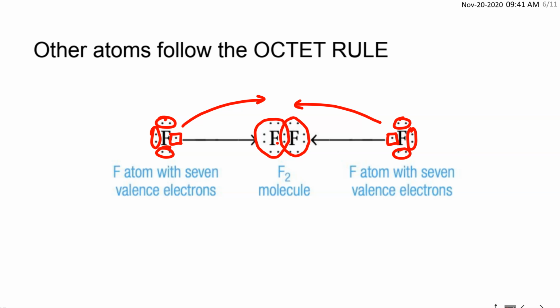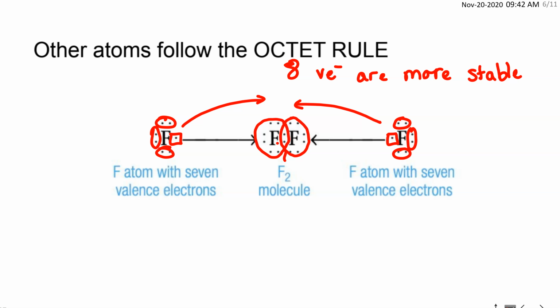In this way, it quote-unquote looks like each element has 8 valence electrons because octet stands for 8, and 8 valence electrons are more stable. And the whole universe seeks to be stable.